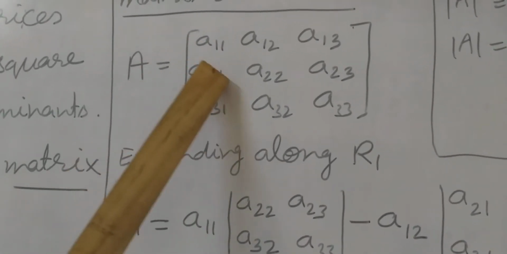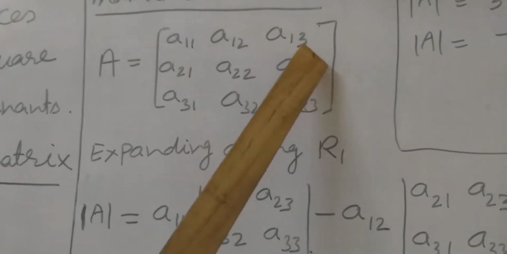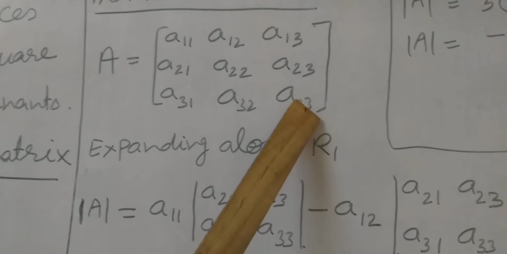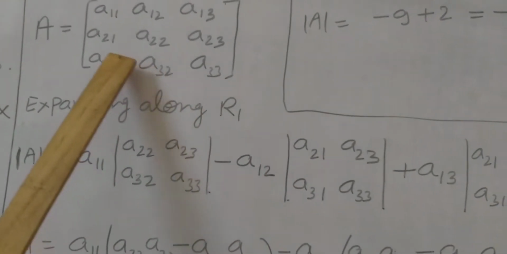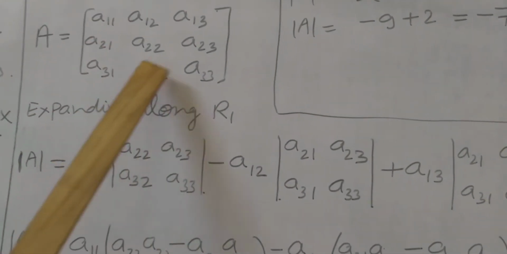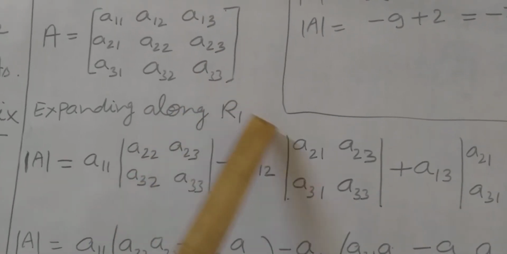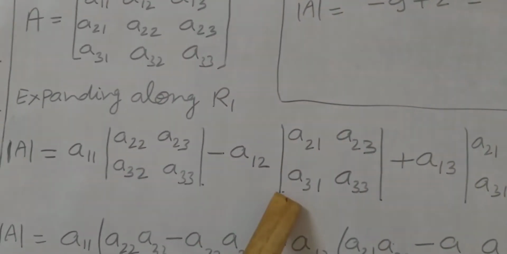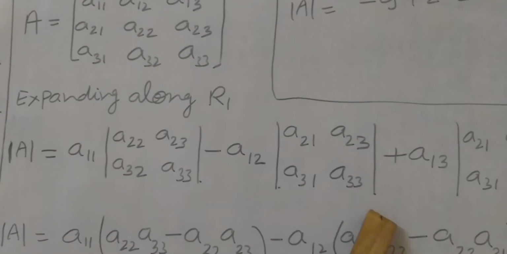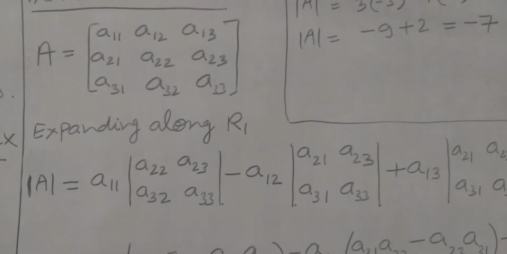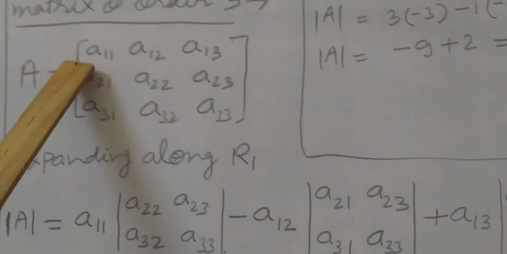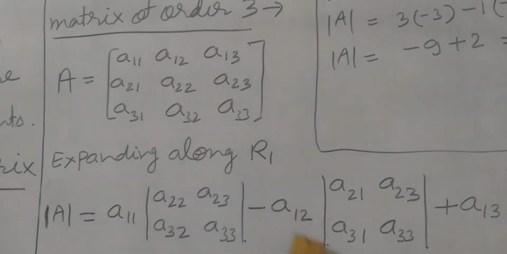A21, A31, A23 and A33 left. So these four values A21, A31, A23, A33 we have to write here in the form of determinant of order 2 by 2. Correct?